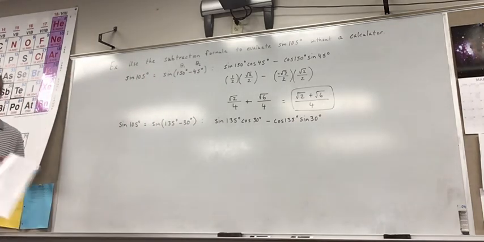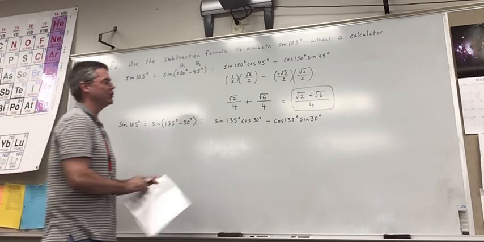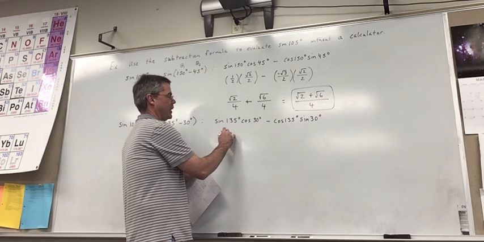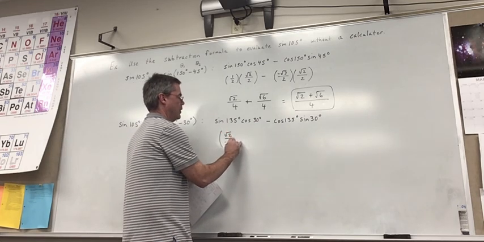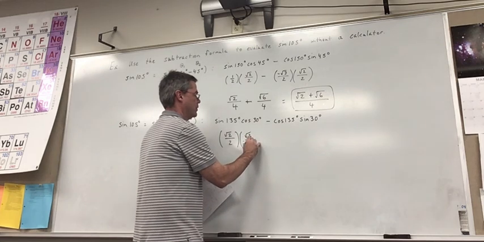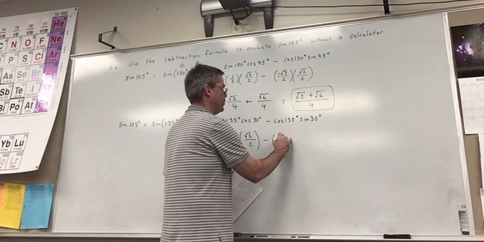All right, again, you don't have to memorize the formulas on the sheet. Just use the sheet. So looking at the unit circle, what's the sine of 135 degrees? It's root 2 over 2, right? Yeah. Cosine of 30, root 3 over 2? Yes. Check me. Cosine of 135 should be negative root 2 over 2. Yes.